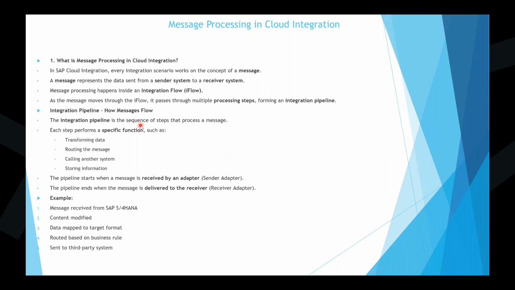Let's trace the journey of a single message through the system step by step. So what is a message in cloud integration? A message is nothing but a data packet that contains the body, the actual data, for example employee details or order information in XML, JSON, CSV format, etc. In the header, you will see metadata about the message, for example content type, sender ID, and timestamp.